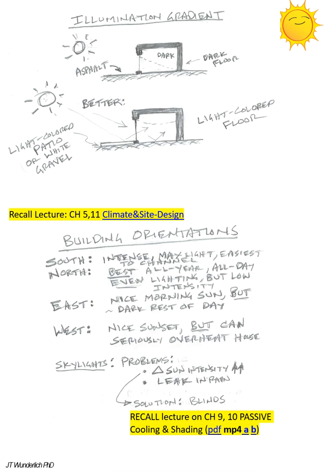So recall in chapters 5 and 11, in site design, orienting south, north, east, and west for different things that we're considering, design considerations, also skylights, and if the sun's too intense, you might want to put blinds on them also, which I ended up doing on that one project I already mentioned. And you can see more on those kind of things with shading in previous lecture in chapter 9-10, passive cooling and shading.